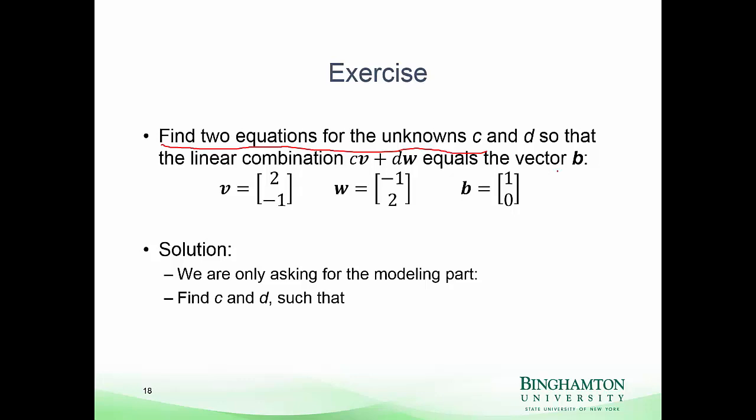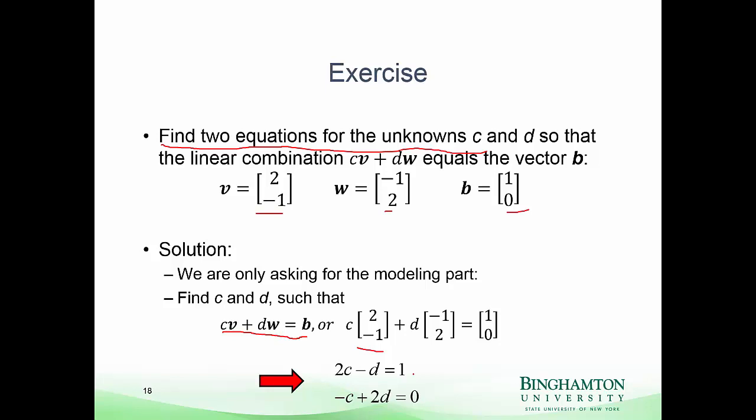So what we want to do is find c and d such that this is true. So here's the abstract way of writing it. cv plus dw is equal to b. But now we plug in the specific values that these vectors have, and we have c times (2, -1) and d times (-1, 2) must be equal to (1, 0).